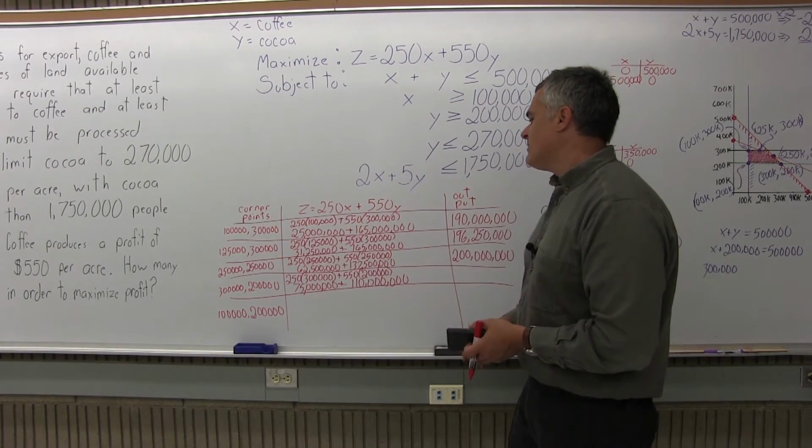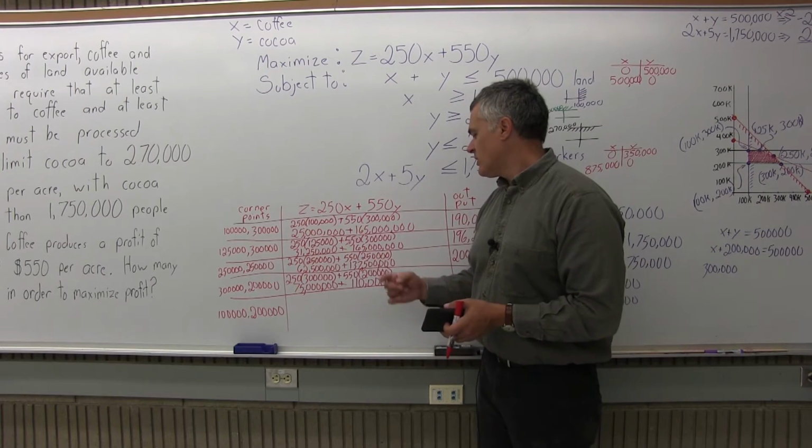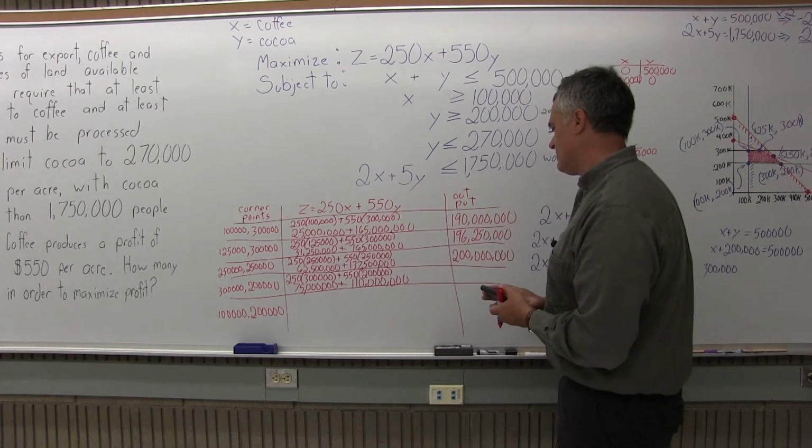So 75 million plus 110 million is 185 million.